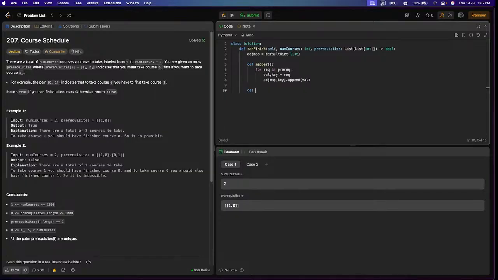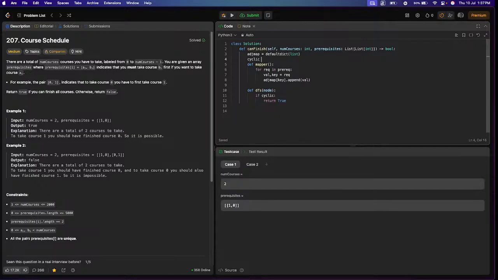Now, definition of DFS. If cyclic is true, then return true. Not that it matters, but the returned value doesn't really matter. I could just return anything. It should work because our goal is to have a flag over here.